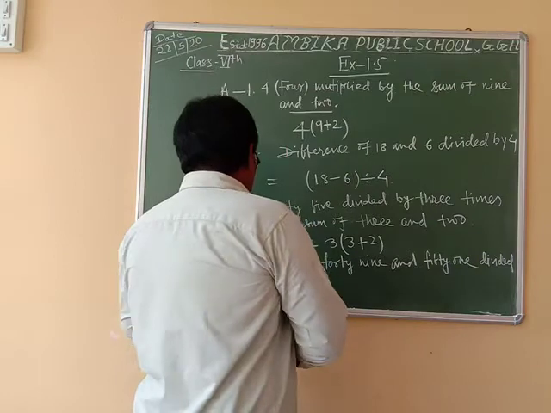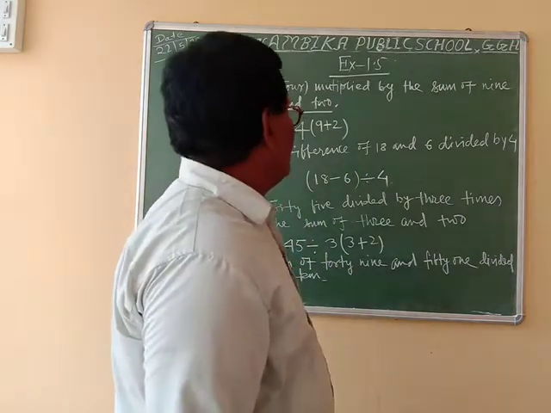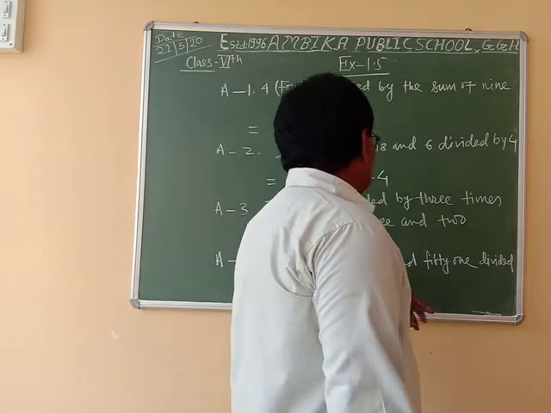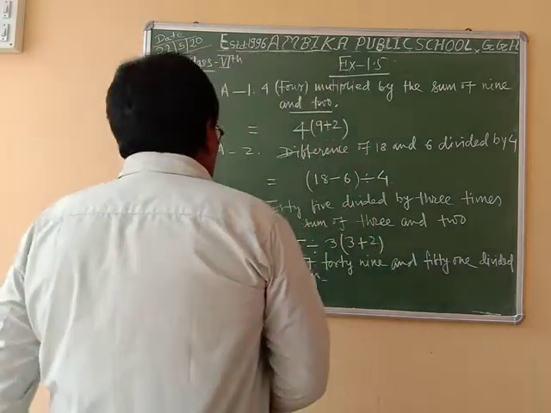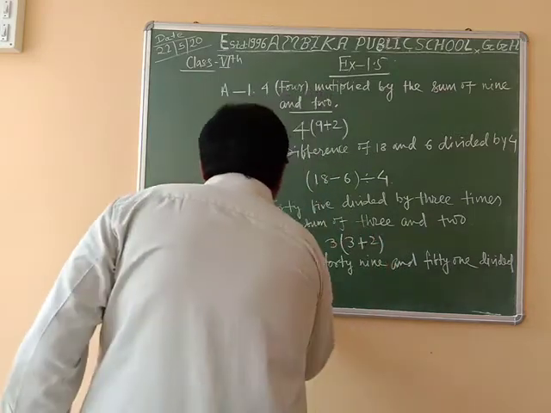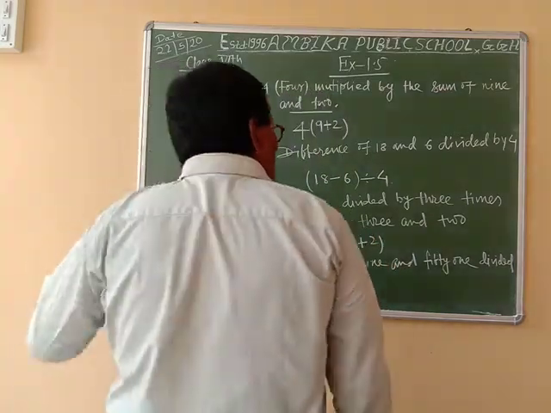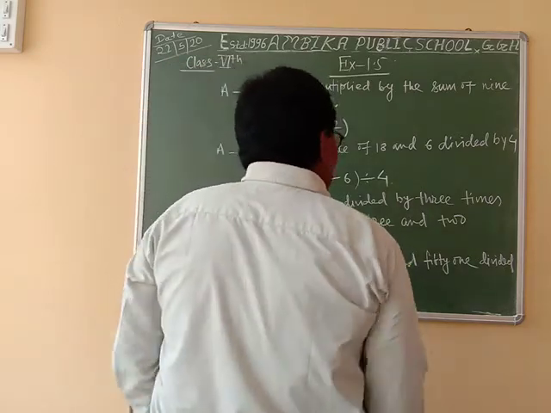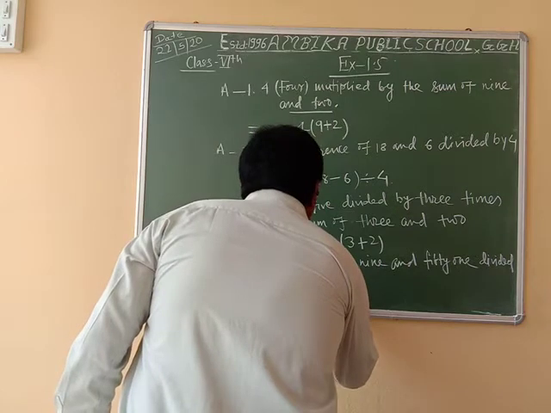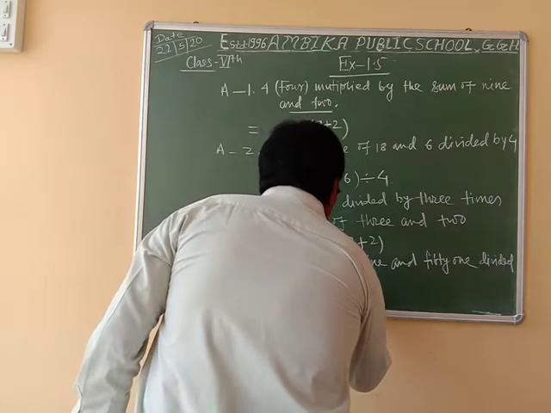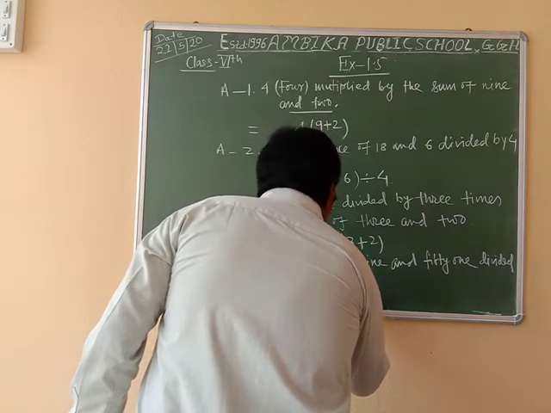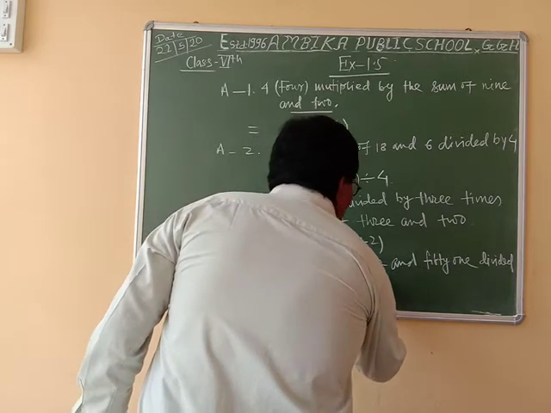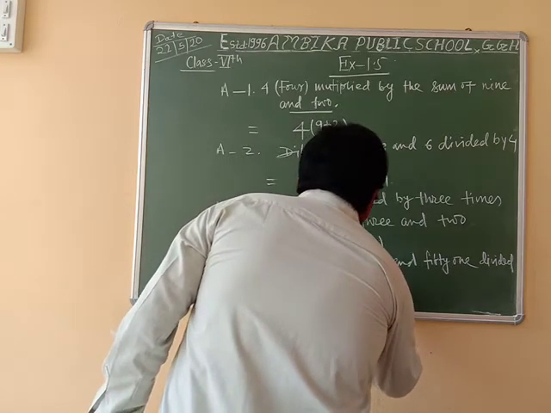The statement says that sum of 49 and 51 divided by 10. For this statement, we write using brackets sum of 49 and 51, 49 plus 51, divided by 10.